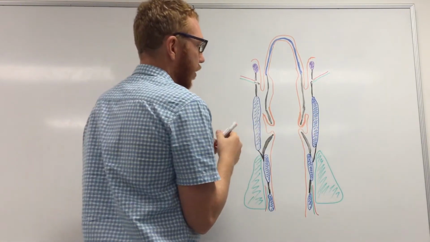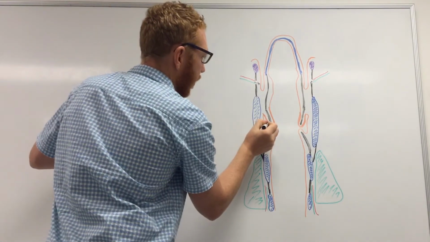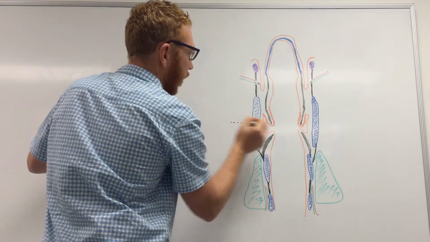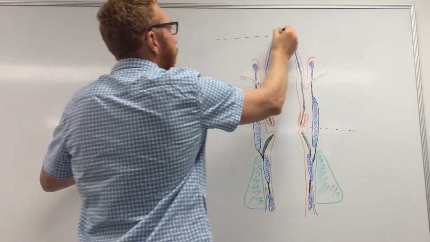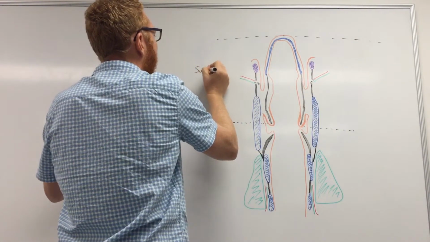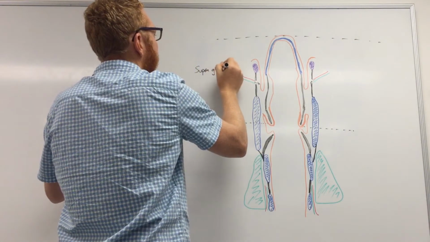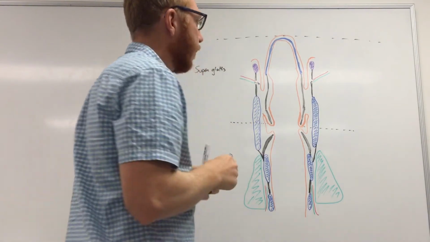And this is the kind of inferior aspect. So if you do a dotted line through here, all the way up to here, this region would be the supraglottis, or glottal region, that region there.